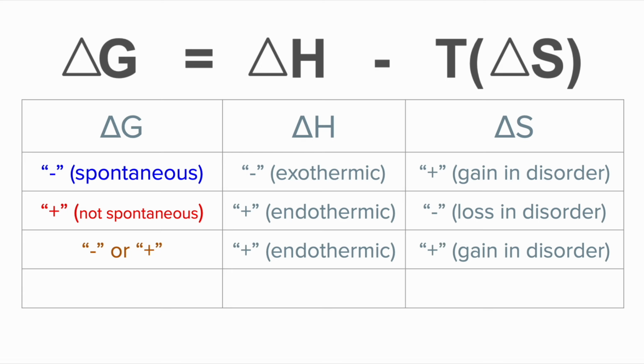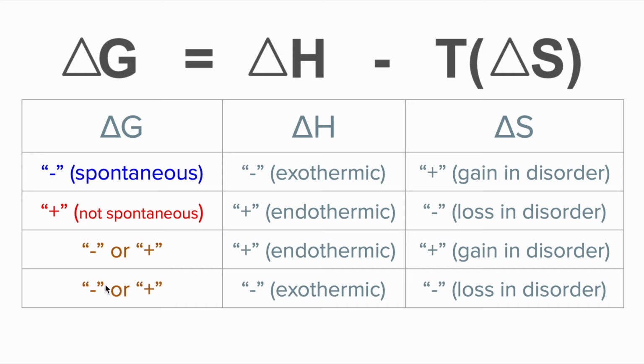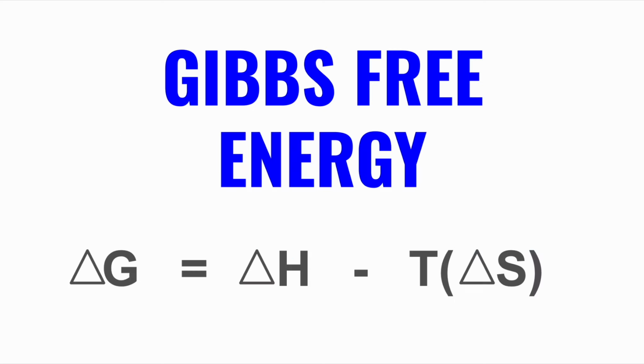It could either be negative or positive. Similarly, if we were to look at something where we had a delta H that was exothermic or negative, as well as a decrease in the randomness of those particles, we would have to determine the values of these two values here in order to calculate whether or not the overall delta G was negative or positive. So there it is.